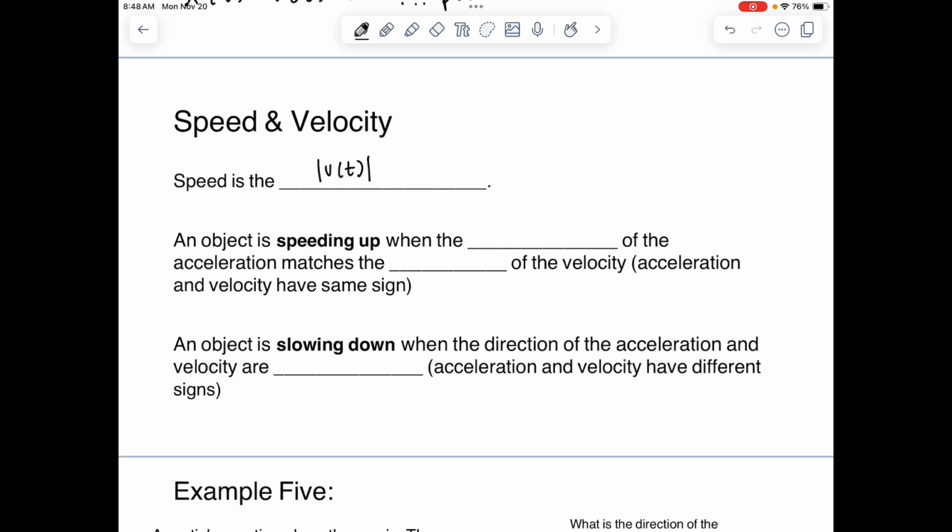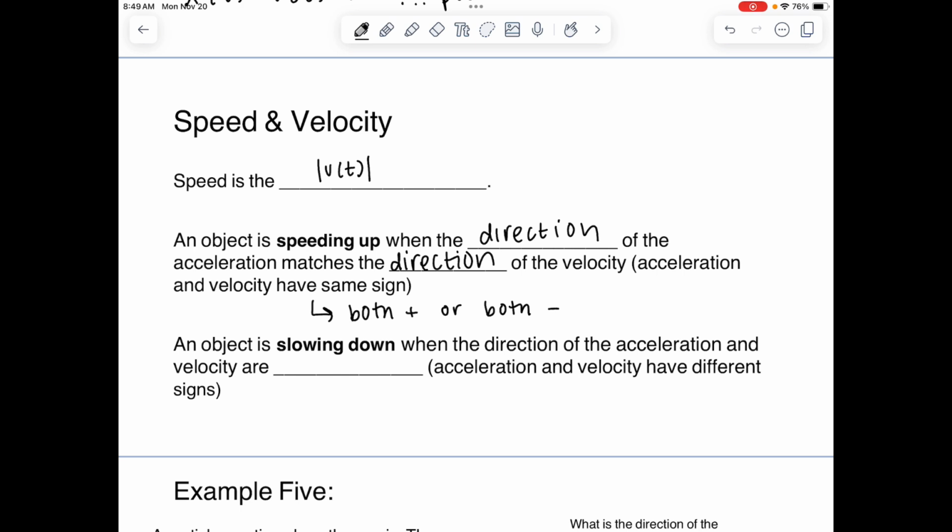One way that you can tell if an object is speeding up is when the direction of acceleration matches the direction of velocity. So essentially acceleration and velocity are on the same side. If they're both positive or they're both negative, that means the object you're working with is speeding up.